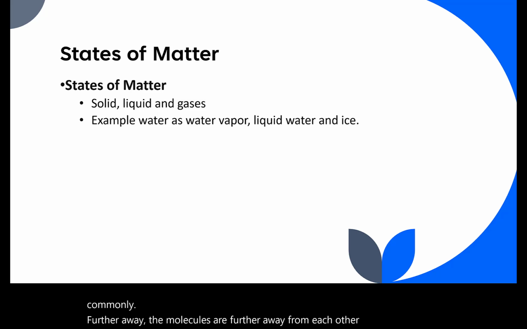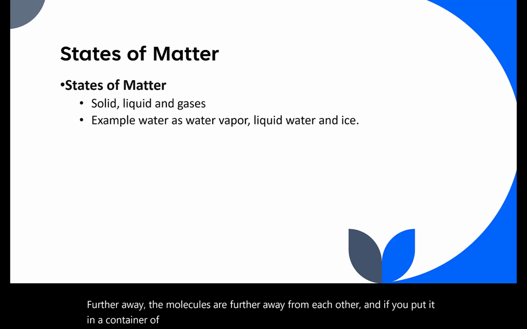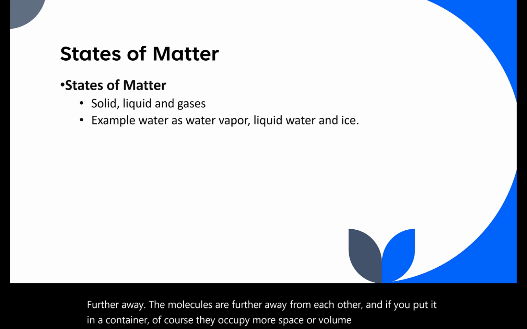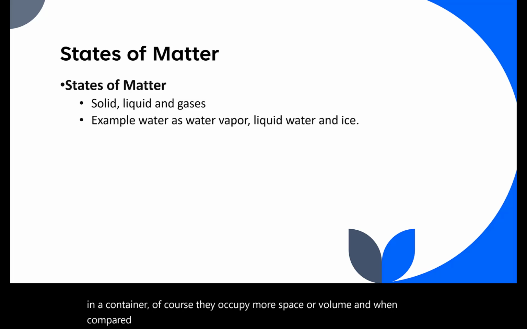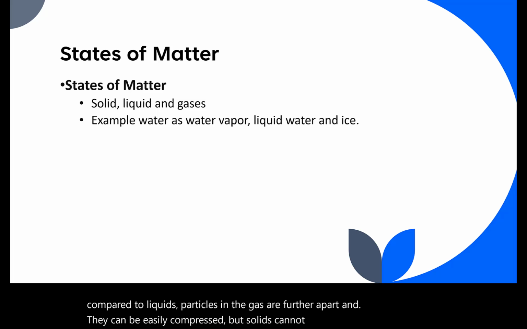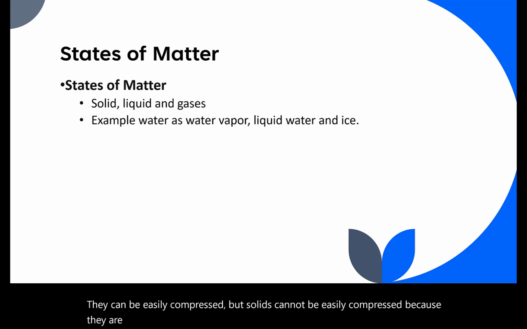If you put a gas in a container, of course, it occupies more space or volume. Compared to liquids, particles in a gas are further apart and can be easily compressed. But solids cannot be easily compressed because their particles are already closer to each other.